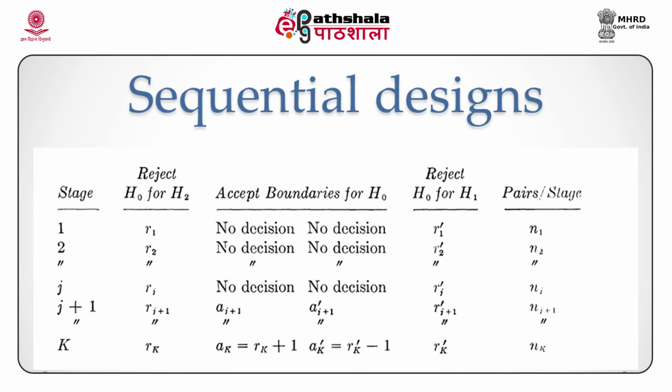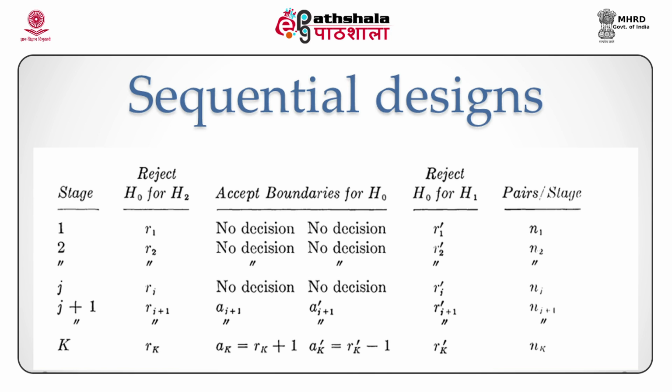Note that after the Gth stage is completed, the sequential procedure specifies that if summation Si is less than or equal to Rg, the testing will terminate and H0 is rejected for H2. If it is greater than or equal to Rg dash, then testing terminates and H0 is rejected for H1.